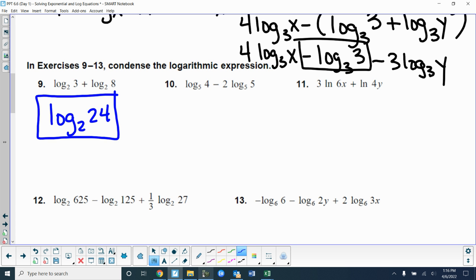Number 10, subtraction. But before I do the subtraction and turn it into division, I got to move that 2 over. So this is log base 5 of 4 minus log base 5 of 5 squared. Okay? Which is what, 25? 5 squared?